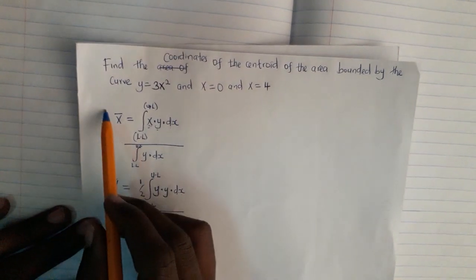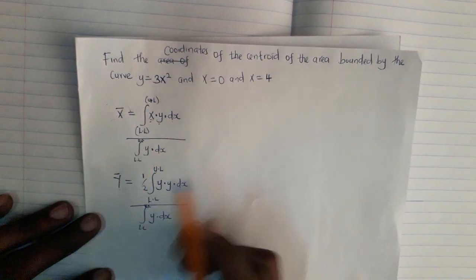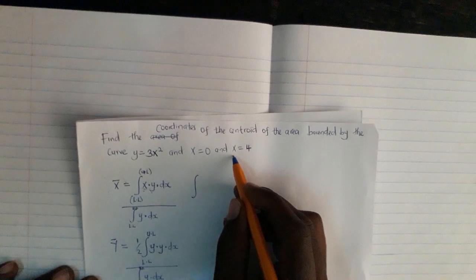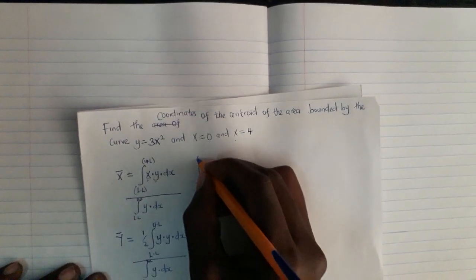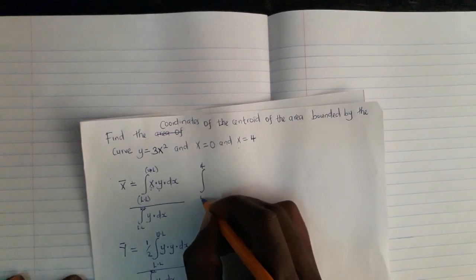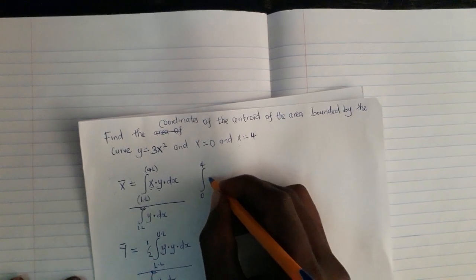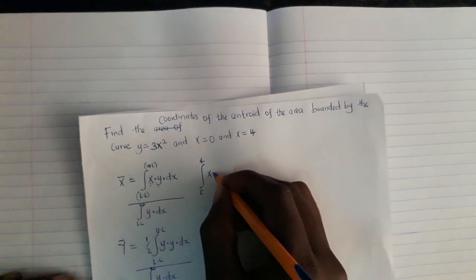Let us start with the value of x bar. So we'll have the integration of our upper limit, which is 4, and our lower limit, which is 0, and then the integration of x and y.